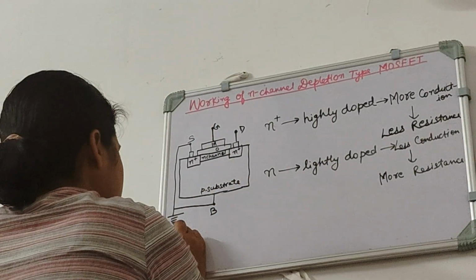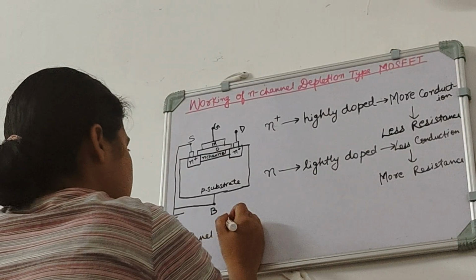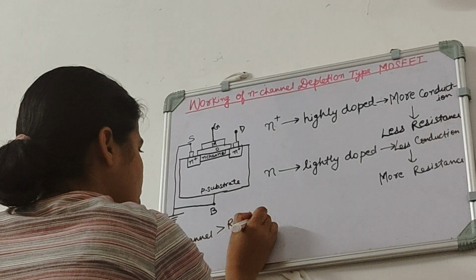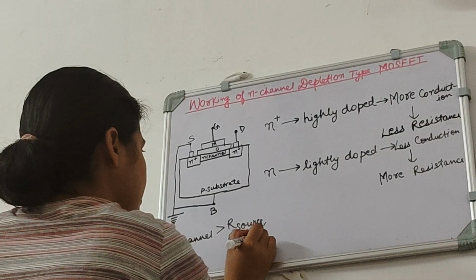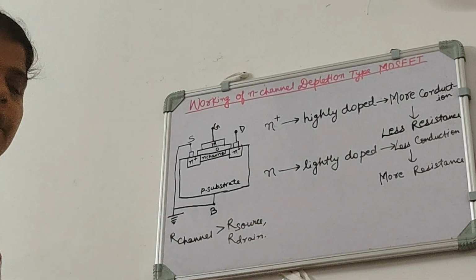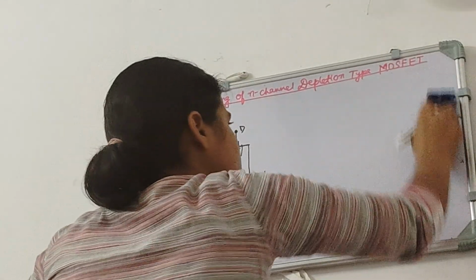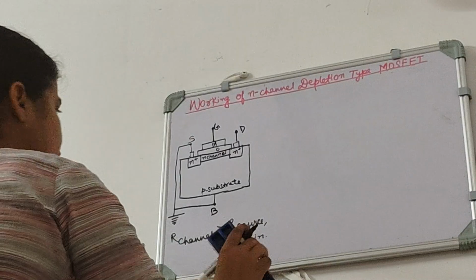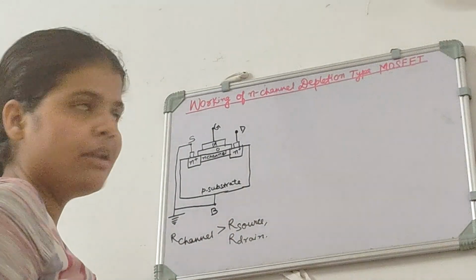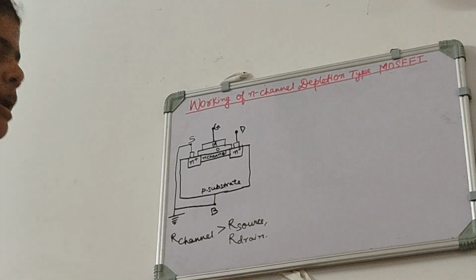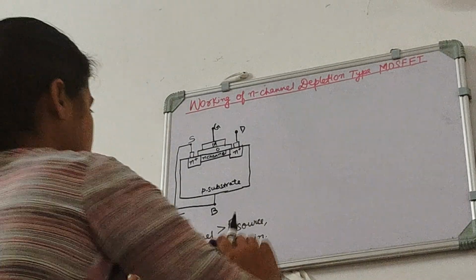So we can write here that our channel resistance is greater than our source and our drain. Now since our channel is greater than our source and our drain, here we will assume that our channel is twice our drain and twice our source.